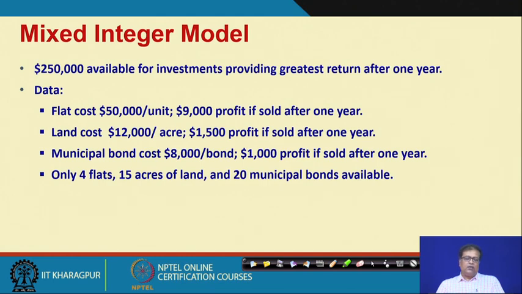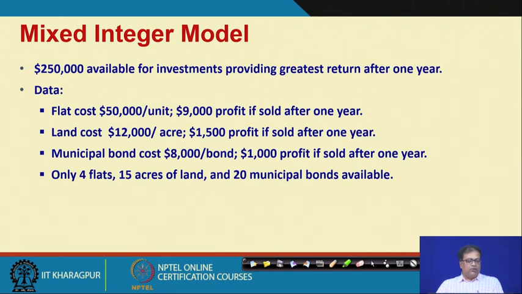The land also has a cost per acre and you will make a profit of 1500 if sold after 1 year, per piece of land. The municipal bond on the other hand costs 8,000 per bond and you have 1,000 profit if sold after 1 year. Only 4 flats, 15 acres of land and 20 municipal bonds are available.